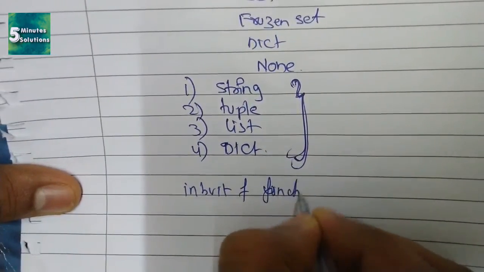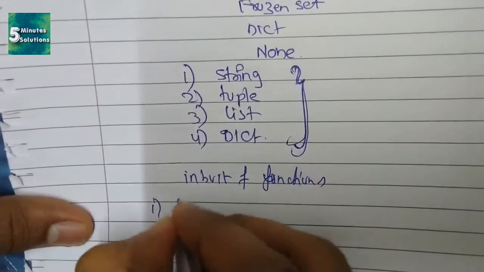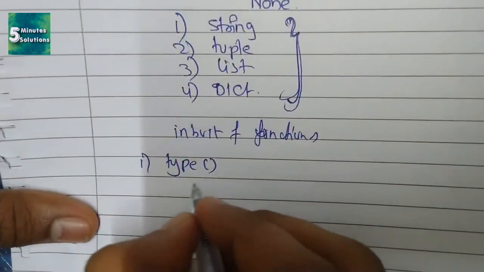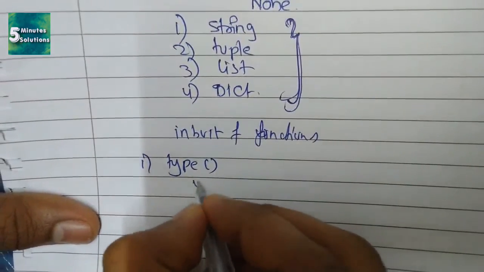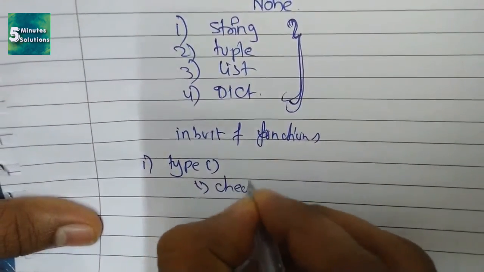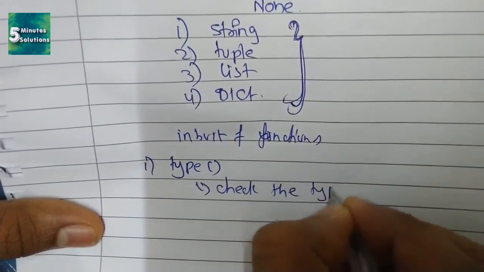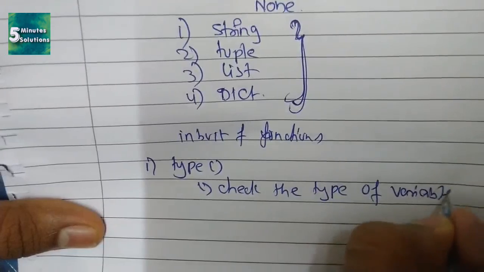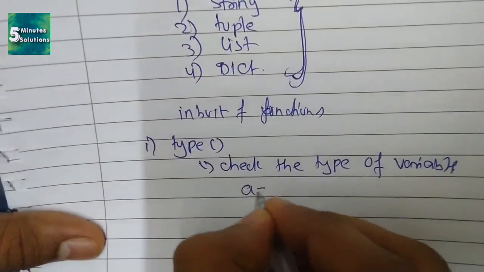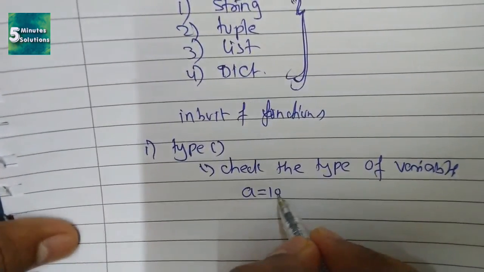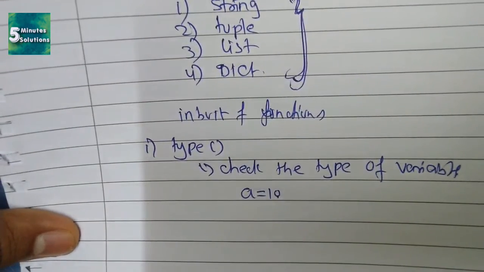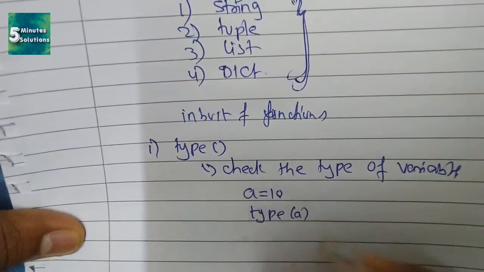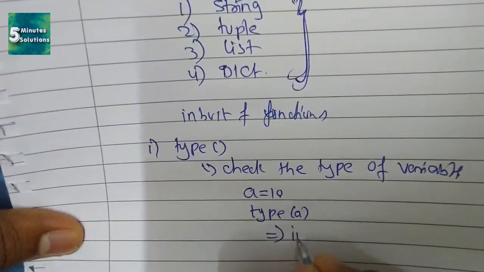Now Python contains several inbuilt functions. Some of them are: first one, type. What will type do? It will check the type of variable. For example, if a is equal to 10, we know that 10 is an integer, but if you want to know properly, just type a, and it will directly give integer.